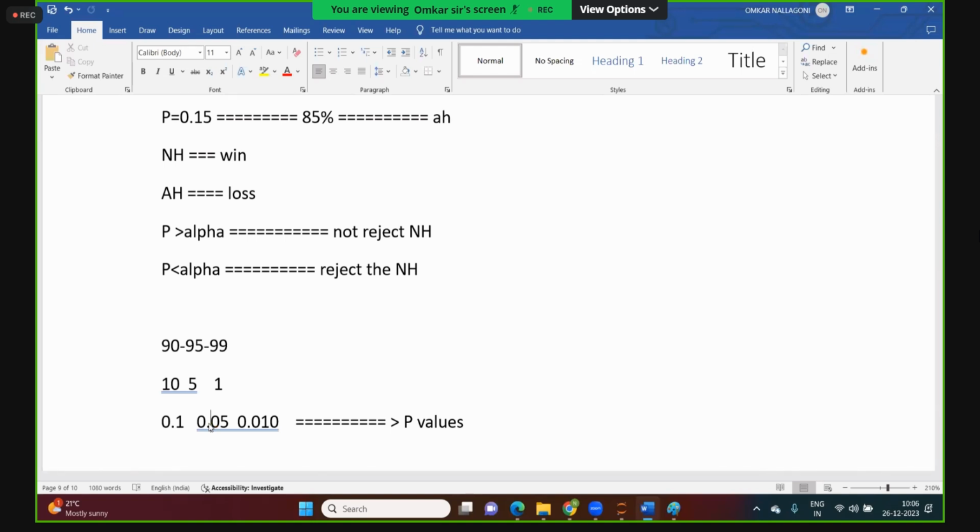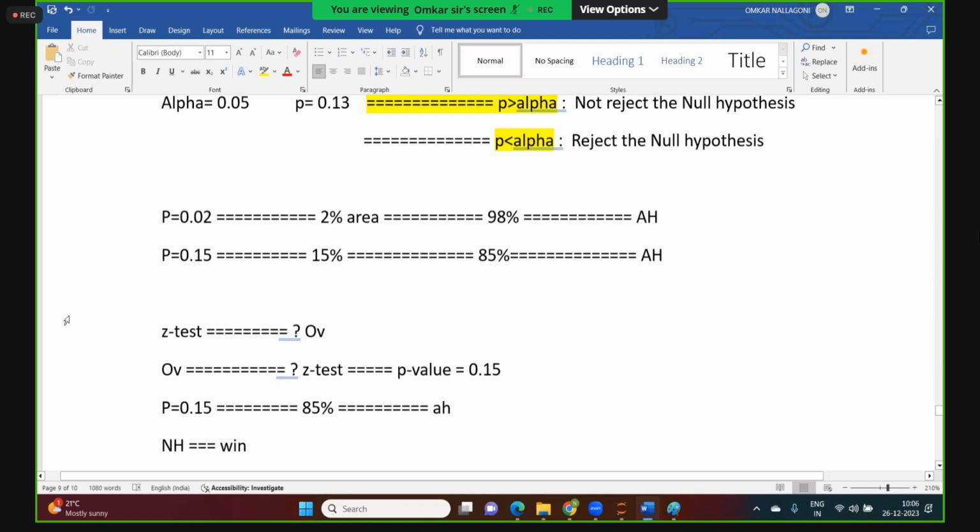P value will gather the evidence in favor of whom? Alternative hypothesis. Reverse engineering. P is equal to 0.02. How much area is left? 2%. That means how much area did you gather? 98% in favor of whom? So that's it. This you need to remember.